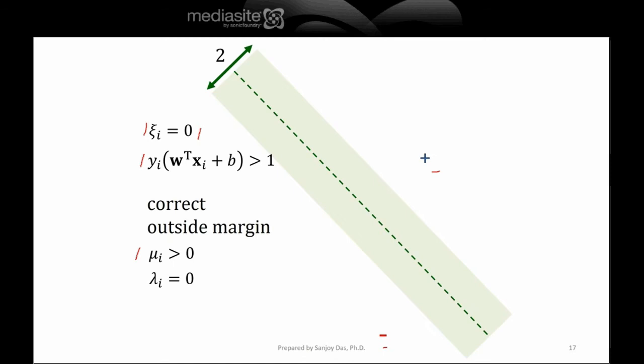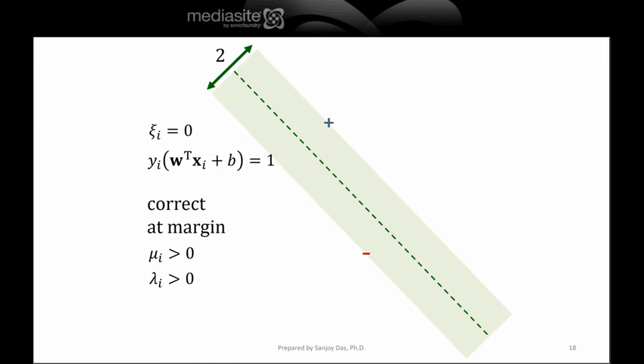And for this, yi times w transpose xi plus b is strictly greater than 1. So this constraint is inactive, and the corresponding Lagrange multiplier lambda I is equal to 0.